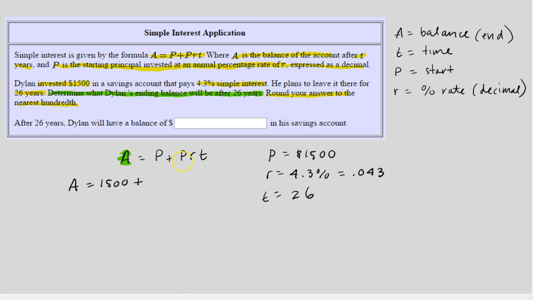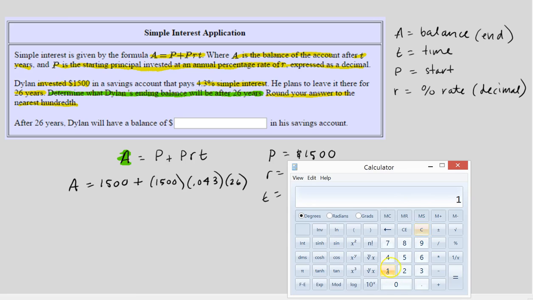So that means that we're going to multiply all of them. So we have 1,500. Our R is 0.043. And our T is 26. So all of these are multiplied. So now let's go to the calculator and we'll put this in.